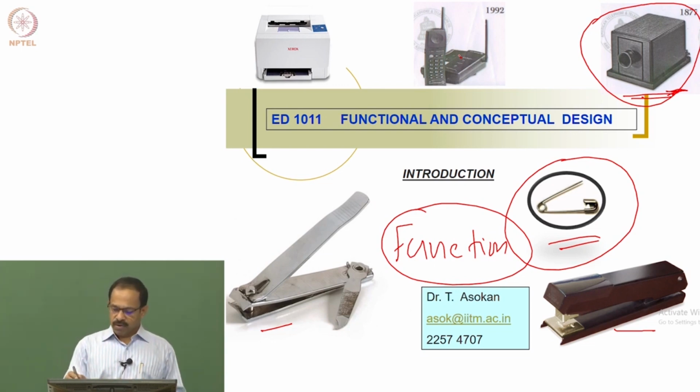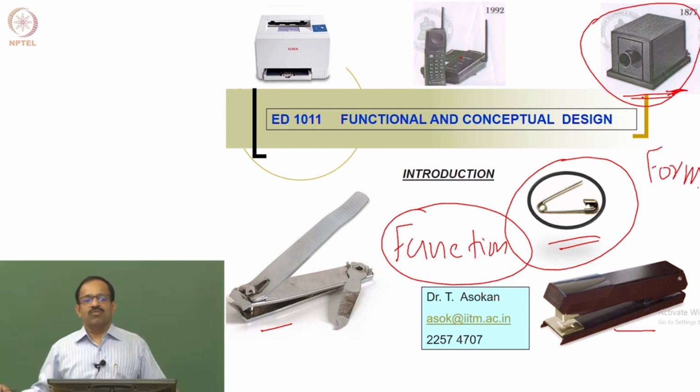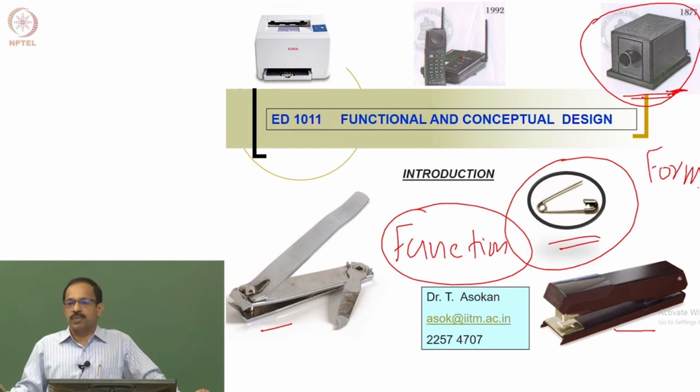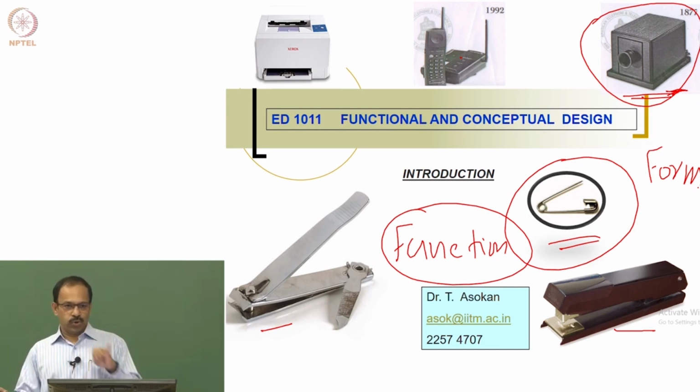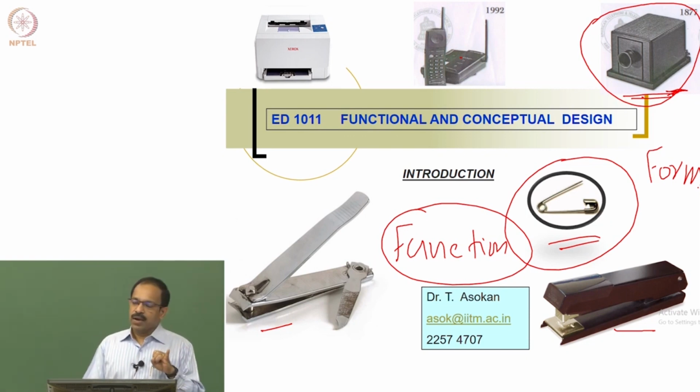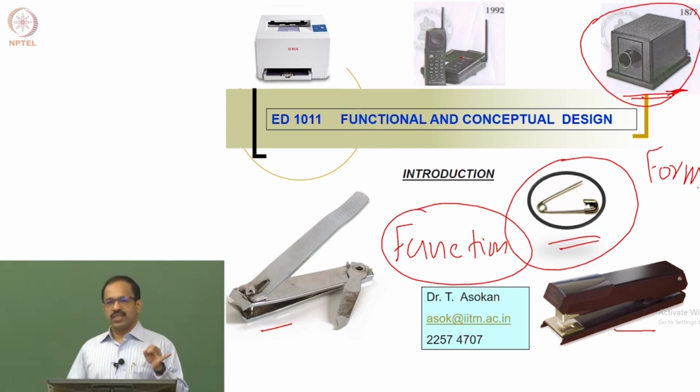So function and form. These are the two important aspects of any product. Whatever product you design, whatever product you see in the market, these two aspects will always be the core of that particular product. That is, what it is supposed to do, and in what way it is able to do that. This is the form of the product.